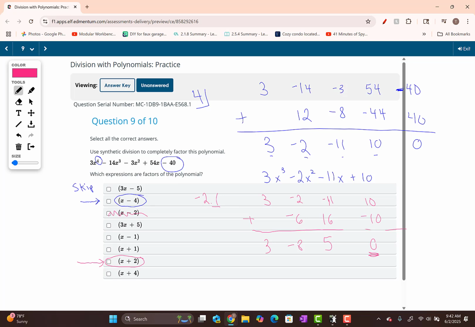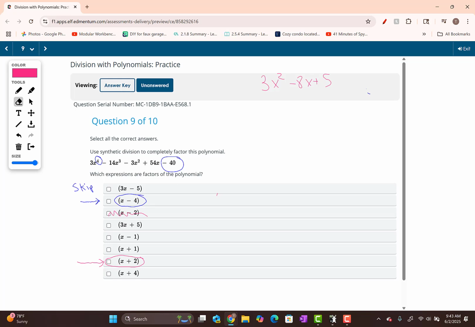So the 3, negative 8, and 5 will now go with 3x squared. It's one exponent less than that x to the third: 3x squared minus 8x plus 5. And then from there, we can factor this problem. We could keep doing synthetic division, but at this point, factoring is going to be quicker.